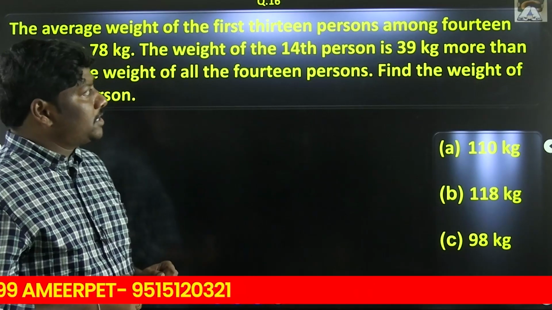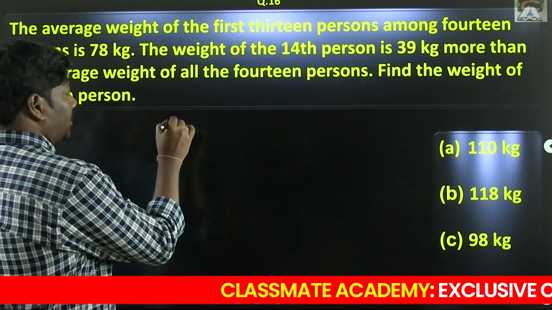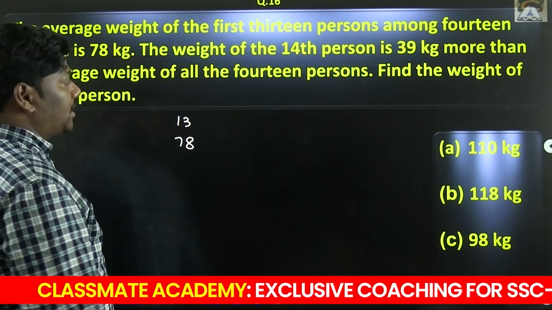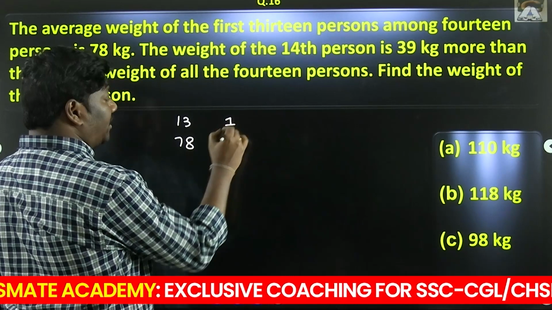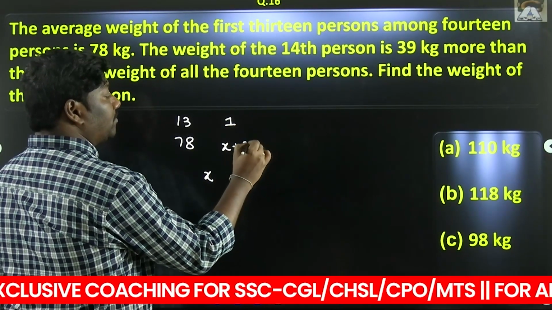The average weight of the first 13 persons among 14 persons is 78. The 14th person is 39 kgs more than the average. Average is X, and this fellow is 39 more.